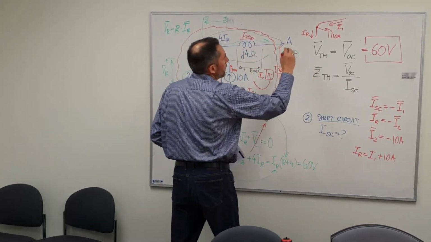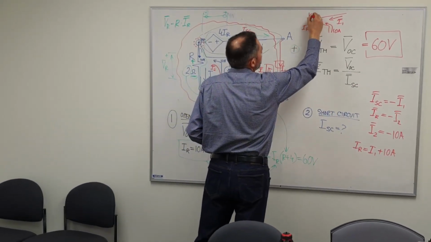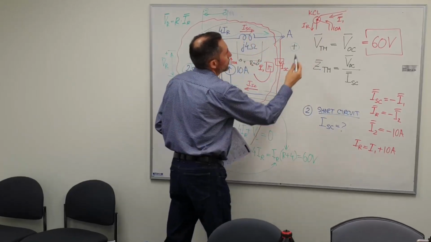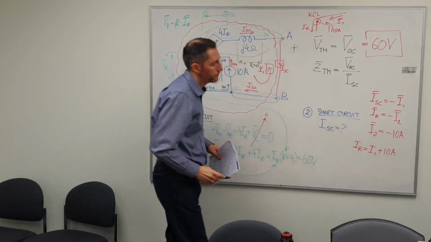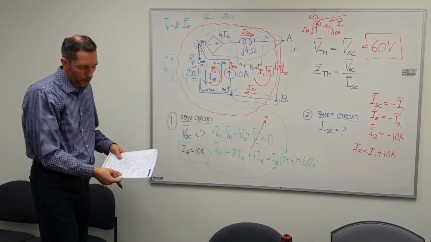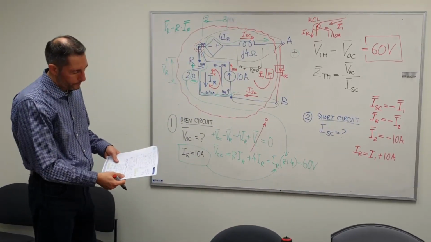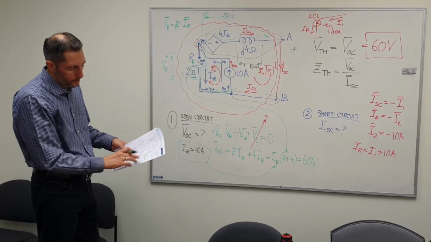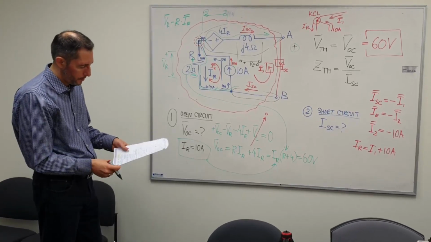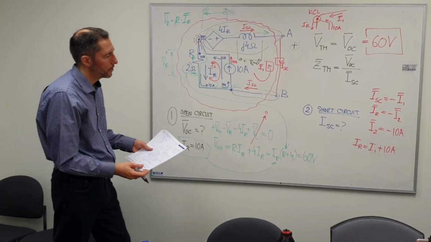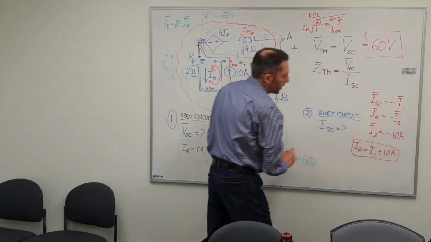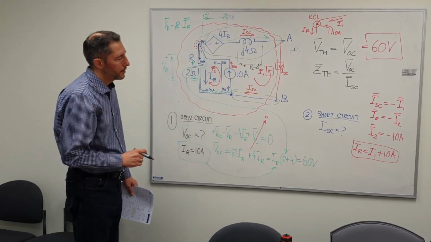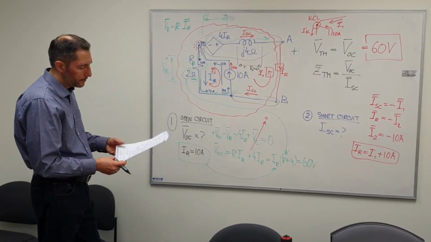So that's again KCL for this node. So 10 amps flowing in, I1 flowing in, and IR flowing out. And that's what I also have in the solution. Although in the solution there are some minuses as well, but you'll be able to figure that out. So the important thing is I have established a certain relationship between IR and I1.